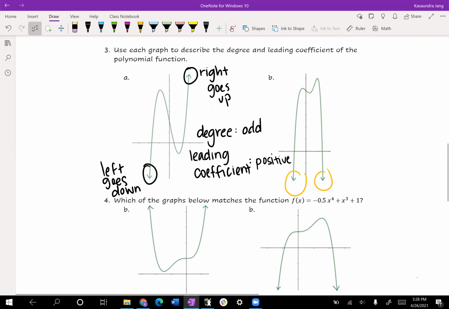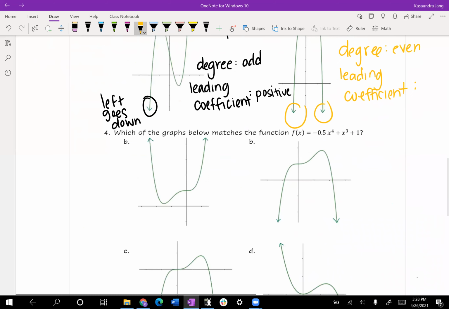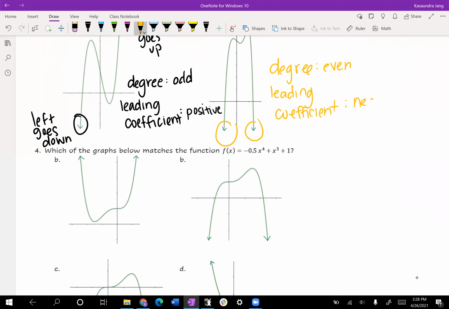All right, so my degree here is even, and the leading coefficient is either positive or negative, and the ones that I was looking at here, these are your negative leading coefficients. All right, so even degree with a negative leading coefficient. All right, so I didn't have to write much about a polynomial.